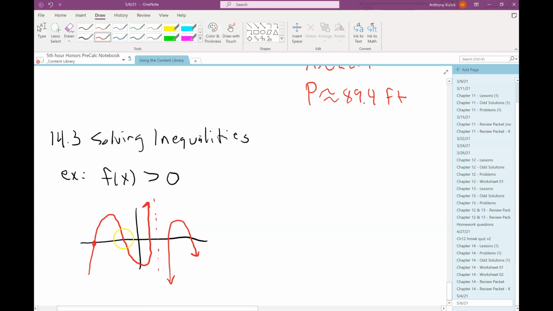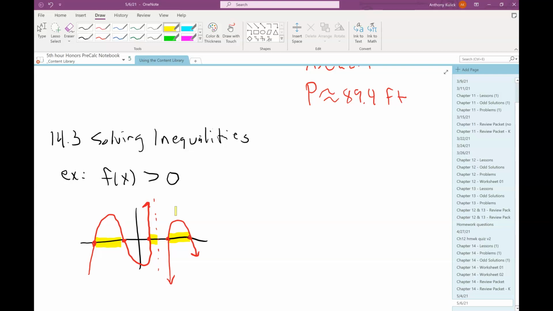If we're wanting to solve this greater than 0, we would want the x values that represent the parts of the graph where the function is above the x-axis, basically. So the only places where it can change from above the x-axis to below the x-axis are at the x-intercepts or at a discontinuity, like a vertical asymptote.